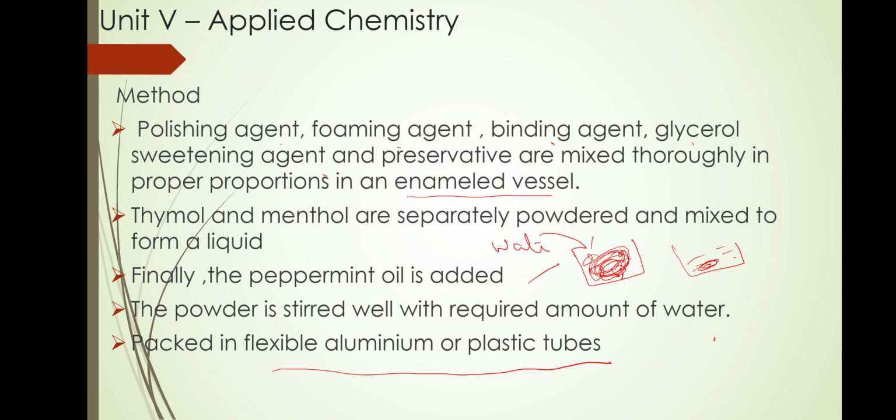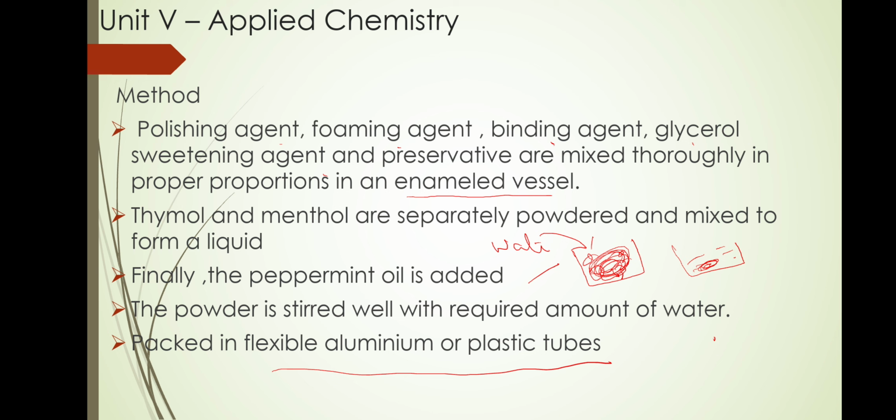So the procedure till the last is the same as what we did for tooth powder. Polishing agent, foaming agent, binding agent, glycerol, sweetening agent, preservatives: except the flavoring agent, everything will be thoroughly mixed in an enameled vessel. Then menthol and thymol will be separately mixed so that they convert to a liquid, which is triturated with the mixture to get a powder.